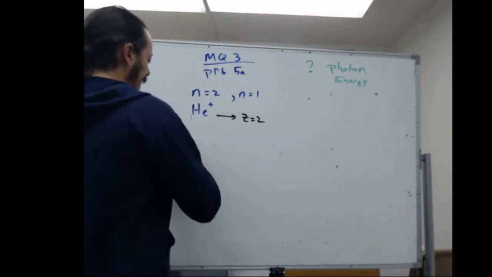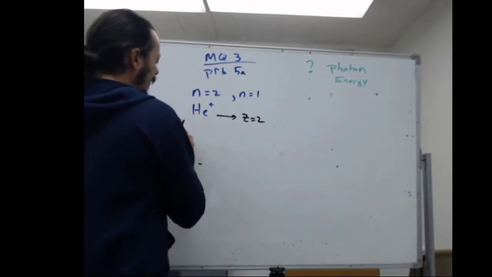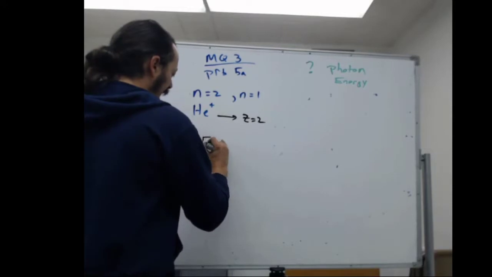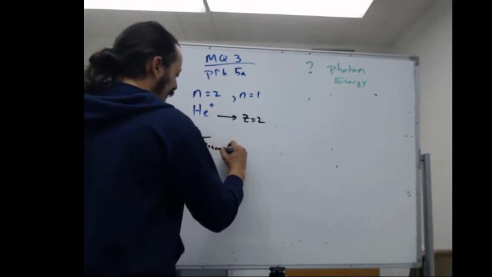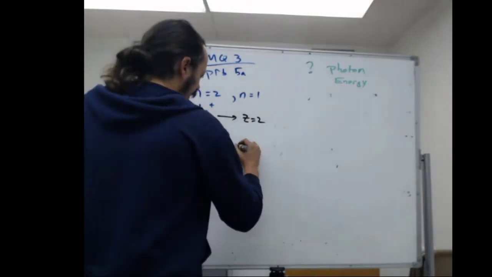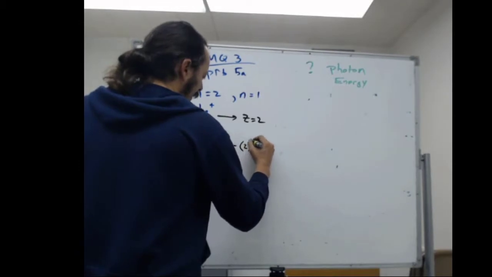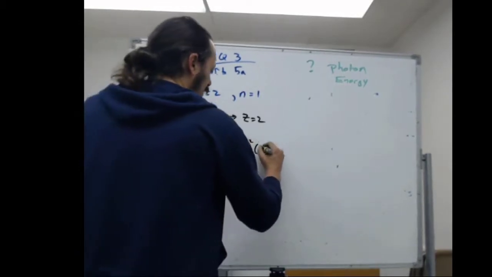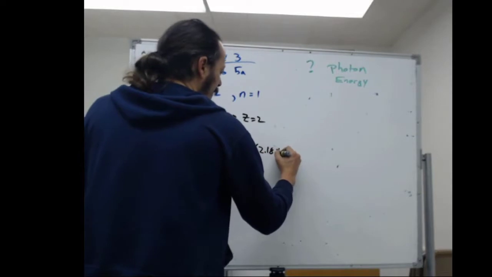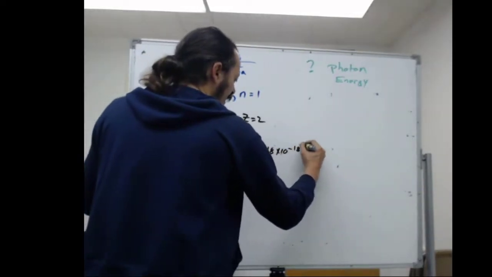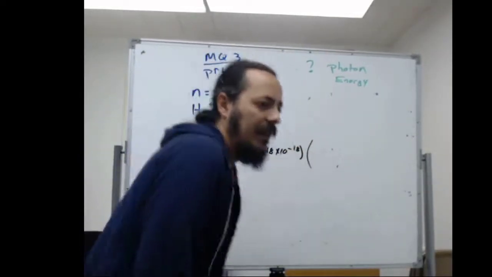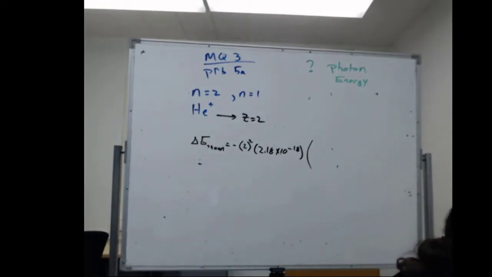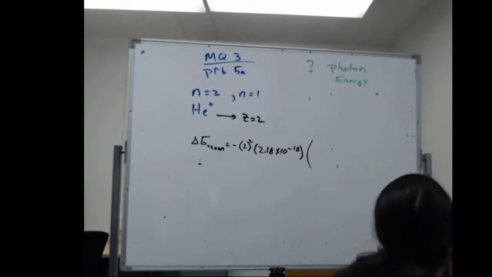We're going to say the energy of the atom, and I'm going to do this in terms of the change in energy of the atom, the way I like to do it, is equal to negative quantity 2 squared times 2.18 times 10 to the minus 18 times, and it says the transition of the electron from n equals 2 to n equals 1.